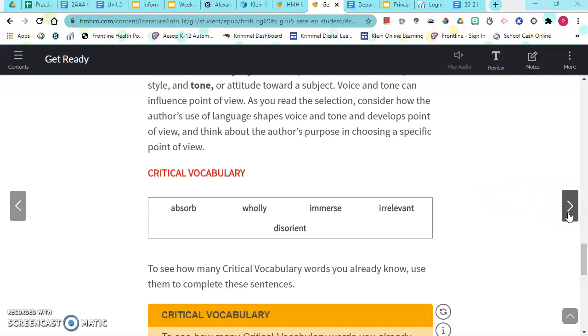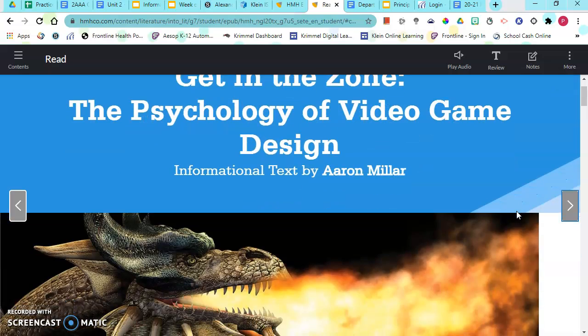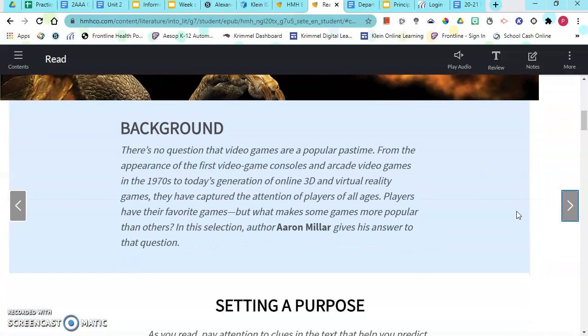You can click the arrow on the right side and it will take you to the read, where we'll find our article. Get in the Zone, The Psychology of Video Game Design, an informational text by Aaron Millar, I believe is how his name is pronounced. Some background. There's no question that video games are a popular pastime.